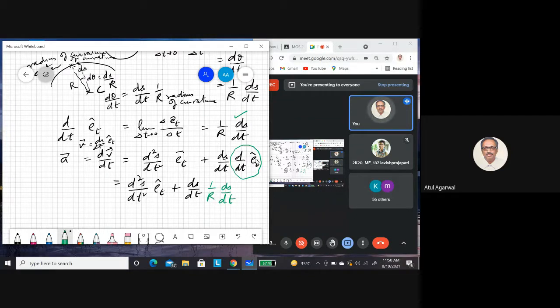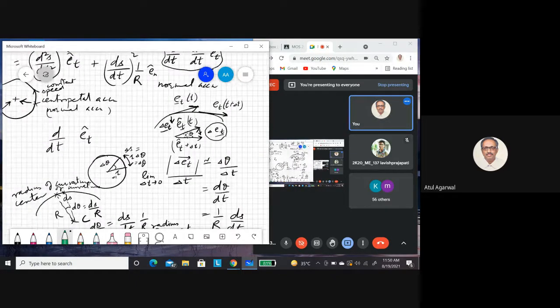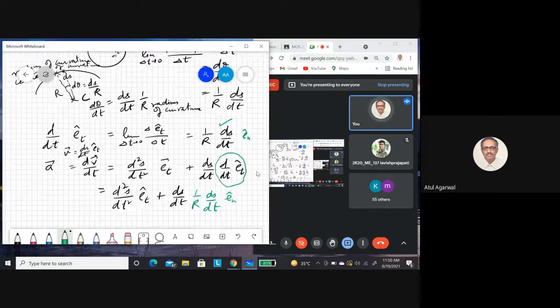Also, there was a term En, the unit normal vector. I had shown you that the direction of this delta Et will be perpendicular to Et, and it will be pointing towards the center of curvature at this point. So for you, radius of curvature as well as center of curvature are important.